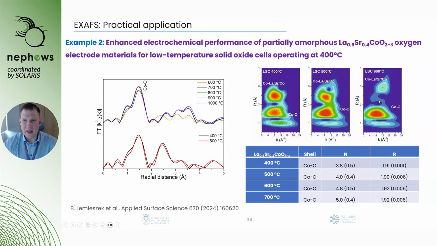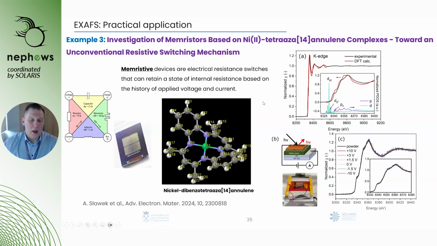And also making such kind of wavelet transform imaging, let's say such kind of mapping, allows us to investigate how the cobalt-oxygen and cobalt-metal interactions in the material change depending on the annealing temperature.